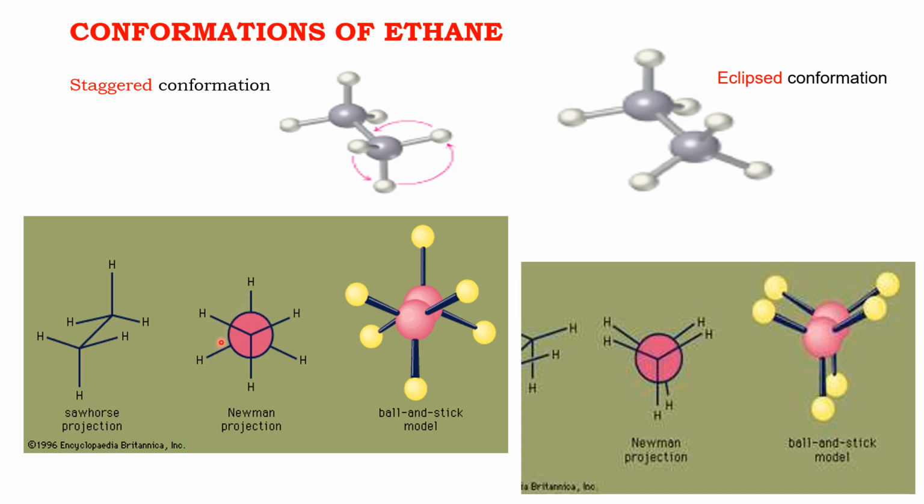See here, this is the first carbon atom and these 3 are the hydrogen atoms of the first carbon atom. And in staggered, the hydrogen atoms of the second carbon are placed exactly between the 2 hydrogen atoms of the first carbon atom. And this is the ball and stick model. Similarly, these are the projection formulas of eclipsed conformation.